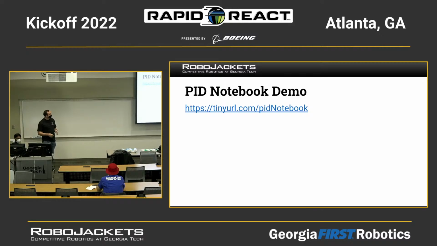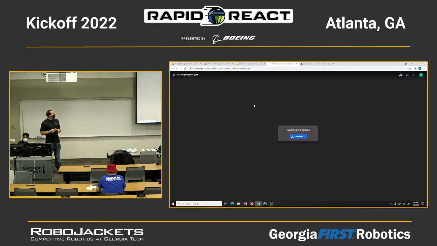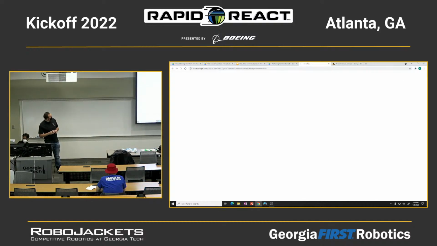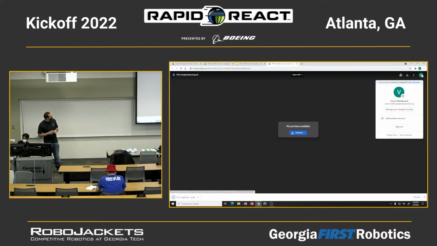So we're going to look at this PID notebook, and if you guys have laptops or whatever, if you can go to that website, you can type it in, I think. I'll type it in chat as well. Yeah, that'd be great. You might have to connect to Google Apps. Do I have to do something specific to get it?